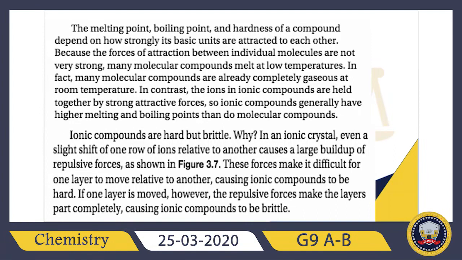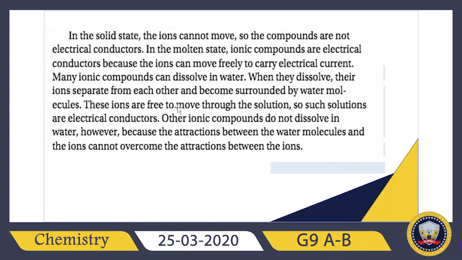So let's continue. Now, in the solid state, we are speaking about ionic compounds. In the solid state, the ions cannot move, so the compounds are not electrical conductors. So what should I do to make this compound conduct electricity? The answer is easy. We melt it.